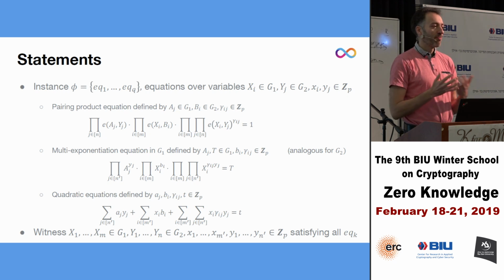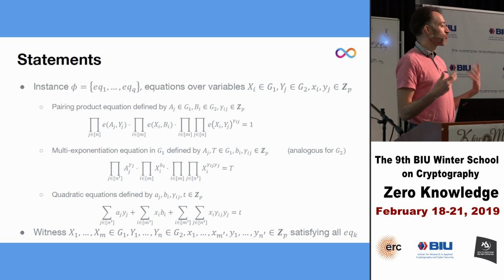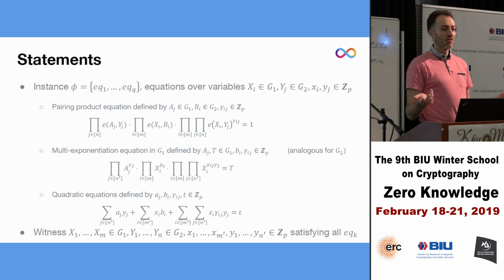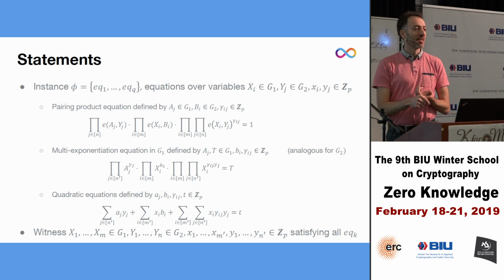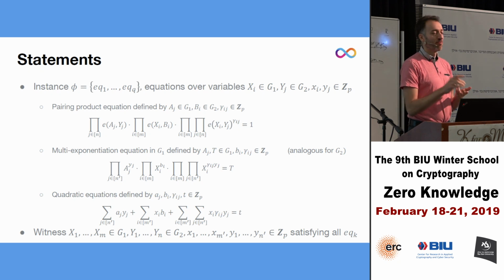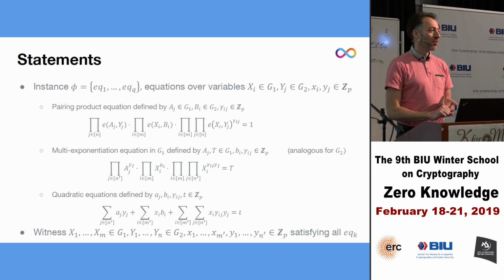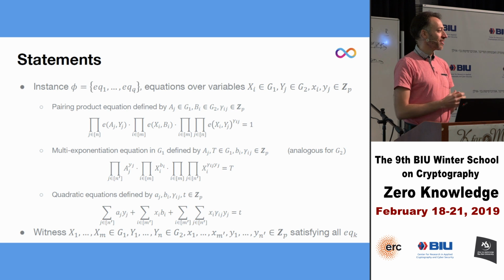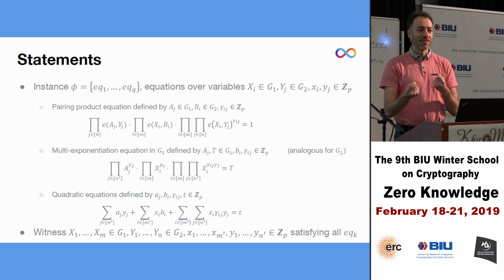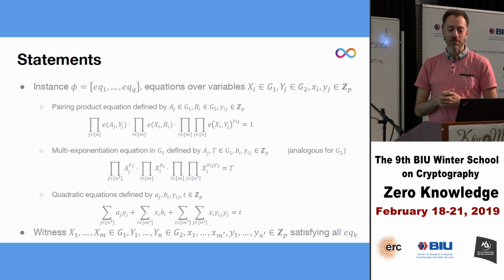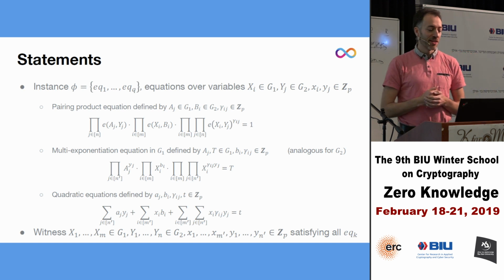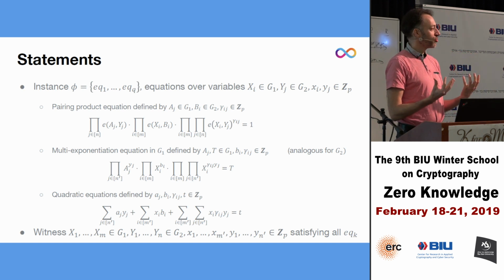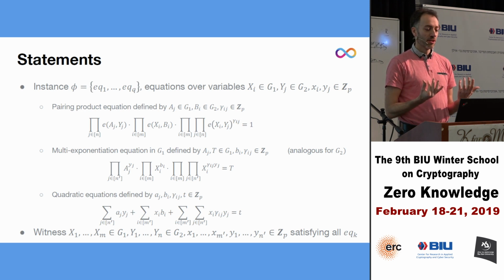So when you're working with a bilinear map, you have all these generic group operations, right? You can multiply group elements together. You can pair group elements. You can work over the field, right, and add and multiply field elements, okay? And then what are the kind of equations that we could build using those operations, right?